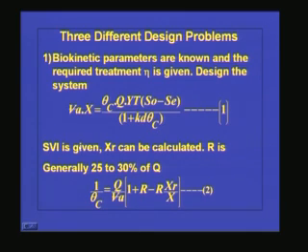So SVI is given, this equation is there, and the other expression we have is 1 by theta C is equal to Q by VA into 1 plus R minus R into XR by X. These equations we derived in the last class.